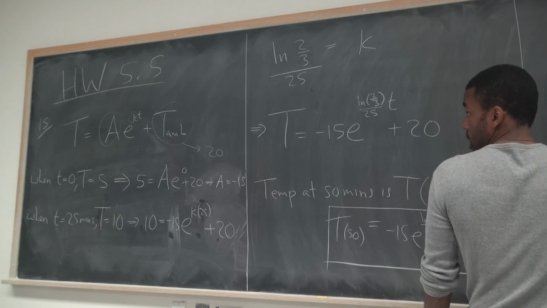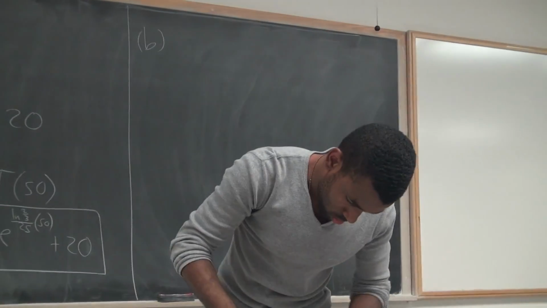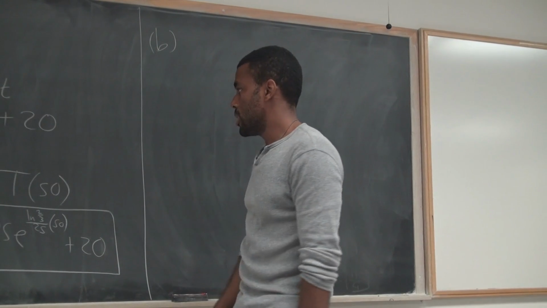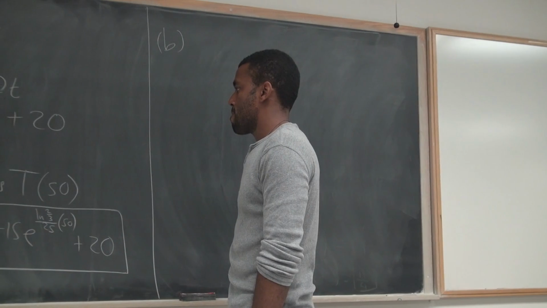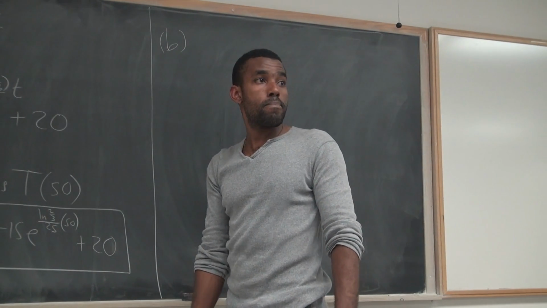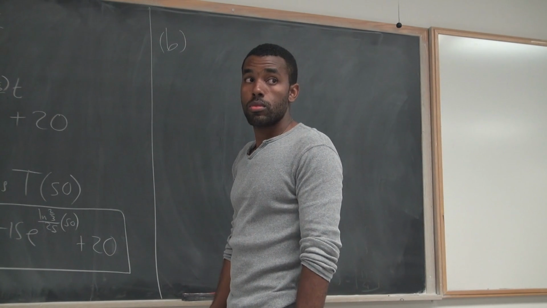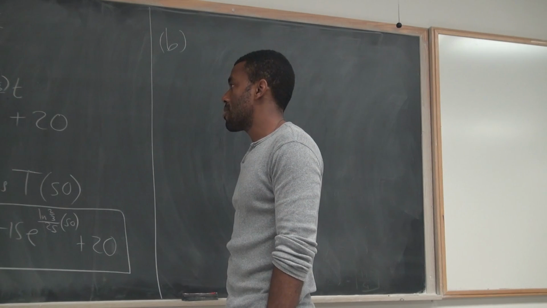So that was part A. Part B. When will the temperature be 15? So what do I have to do for that? Temperature T is 15. Which T equals 15?